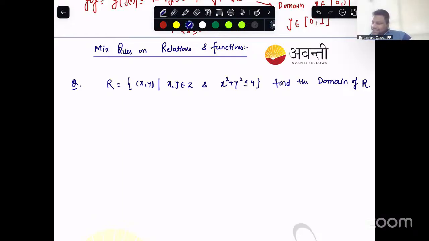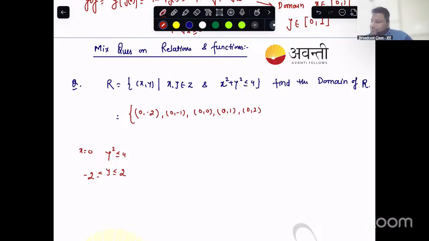Okay, if I design this relation, the elements will be, if the value of x is 0, then y squared is less than or equal to 4. So y lies in minus 2 to 2. Am I correct? So your relation will have elements (0, -2), (0, -1), (0, 0), (0, 1) and (0, 2).